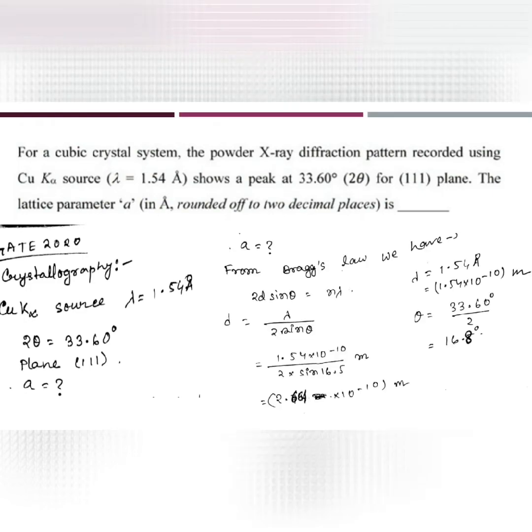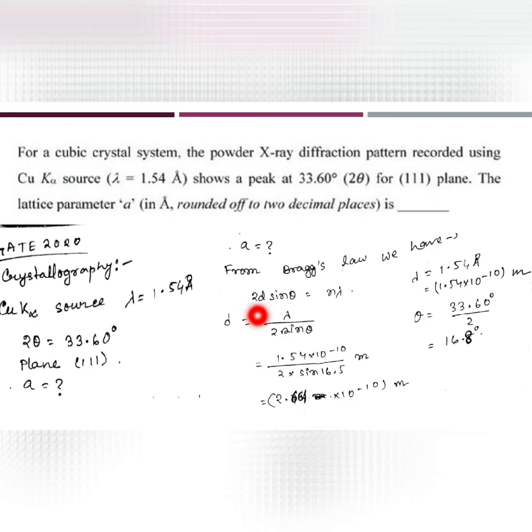Now from Bragg's law we have 2d sin theta is equal to n lambda, where n is the order of diffraction and lambda is the wavelength of the source, here equal to 1.54 Armstrong, and d is the interplanar distance, that is the distance between two planes in a lattice.